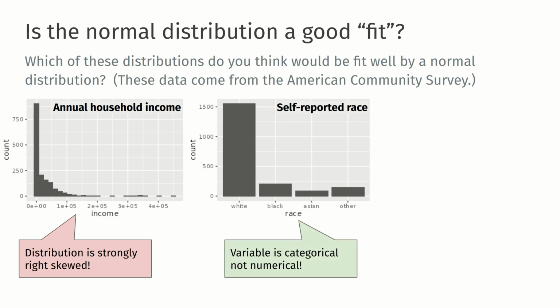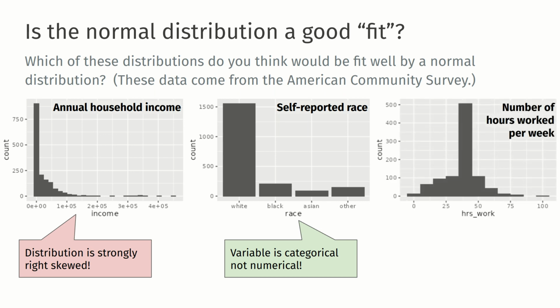So the normal distribution is just not going to be useful for us when we're trying to model variables that are categorical. The normal distribution only works if we're talking about numbers. So numbers could be means or proportions, things like that.